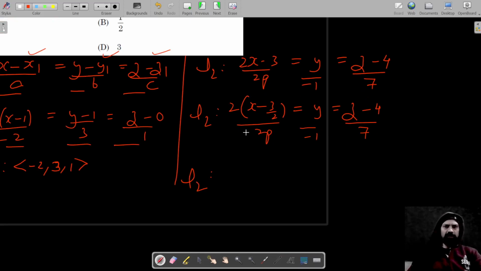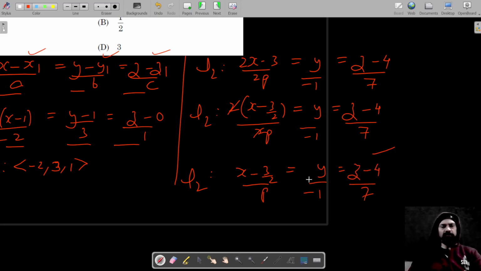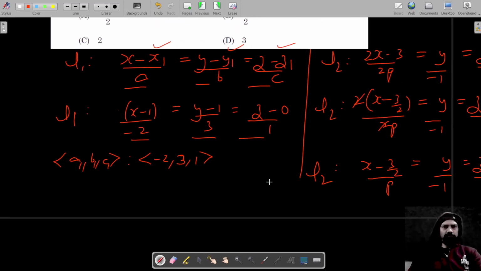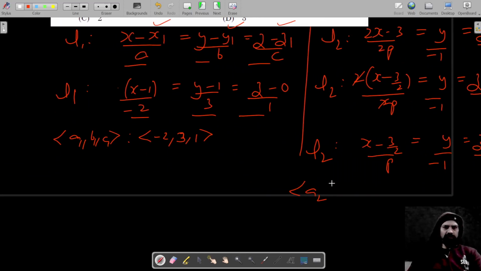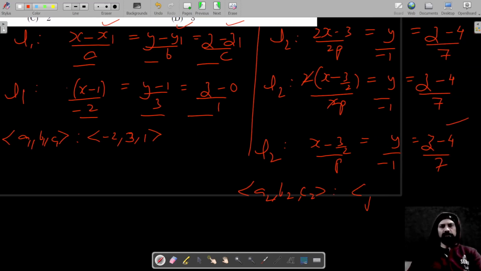Now this gets cancelled. So this is (x minus 3 by 2) by p is equal to y upon -1 is equal to (z minus 4) by 7. So this is now in the standard form, and its direction ratios are A2, B2, and C2, which are p, -1 and 7.